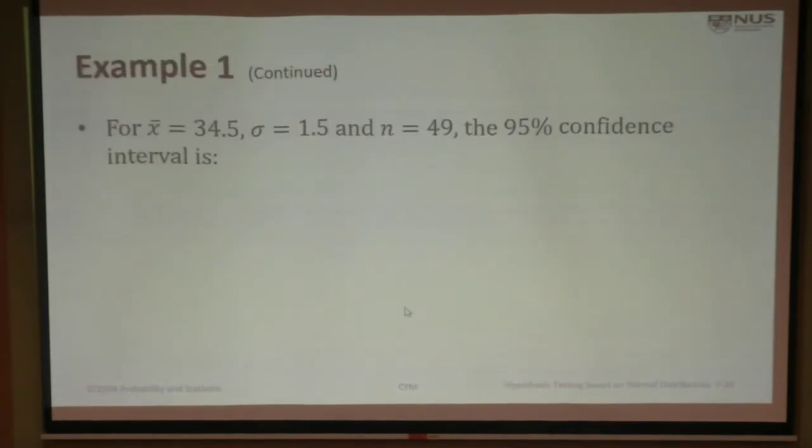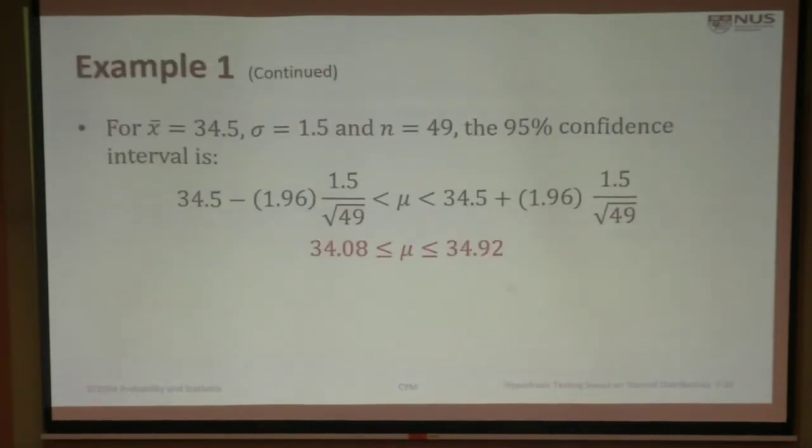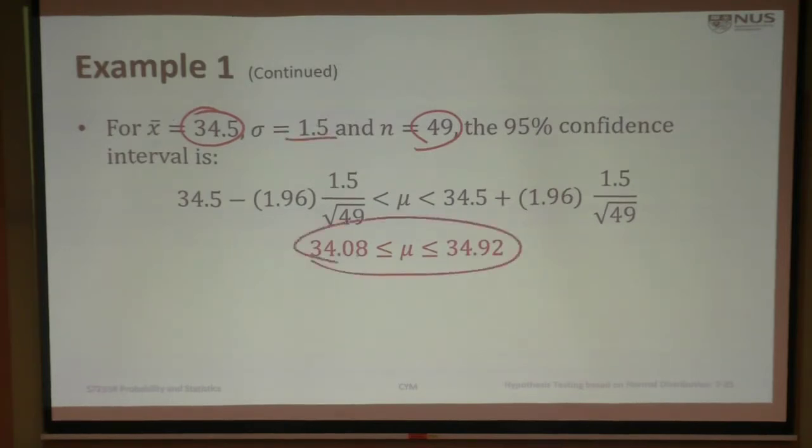Okay, so here I just try to compute the confidence interval based on the data. With sample size 49, X bar 34.5 and sigma equal to 1.5, I calculate the confidence interval to be between 34.08 and 34.92, and you can see that 35 is not covered by the confidence interval.